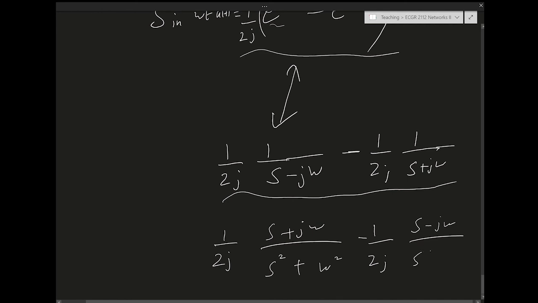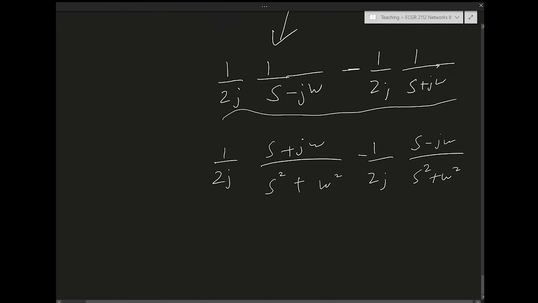Same thing, it's going to give me s squared plus ω squared. All I have to do now is sum those two up. I end up with 1 over 2j times (s squared plus ω squared), and then in the numerator I'll have s plus jω minus s plus jω. s goes with s.